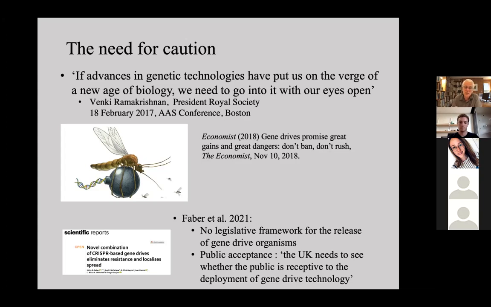And Faber et al., who wrote the recent paper on gene drives in squirrels that I was talking about, pointed out at the end of the paper that it would be very difficult to do the research at the moment. There's no legislative framework for the release of gene drive organisms. It's illegal to release grey squirrels, and once you have them in captivity, you must not release them.